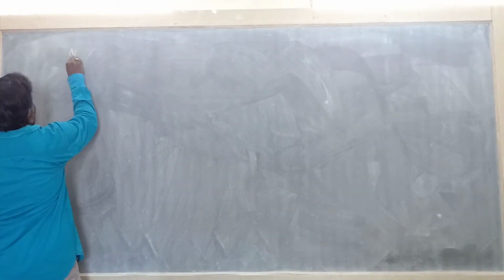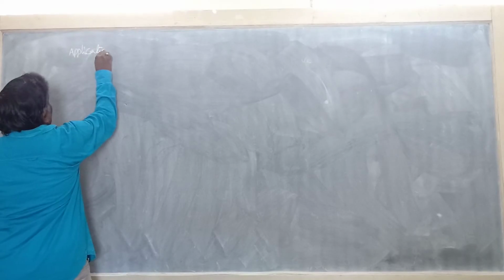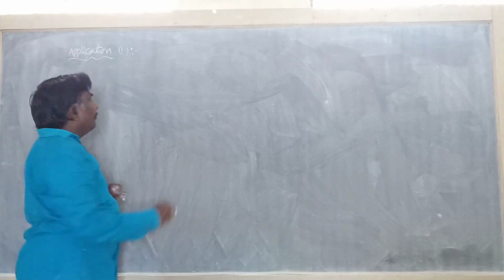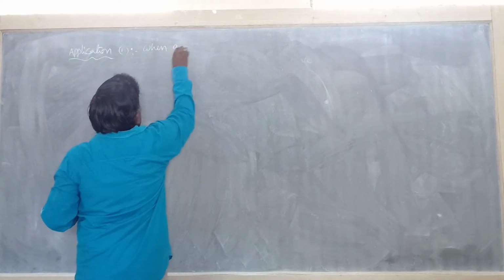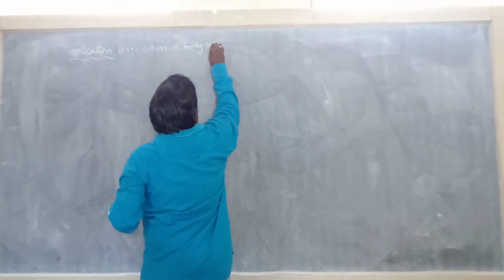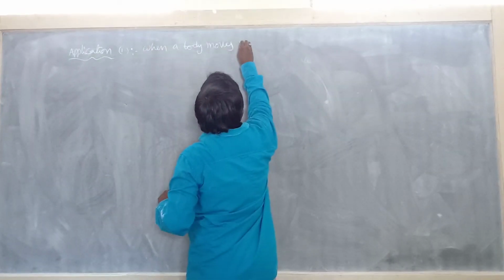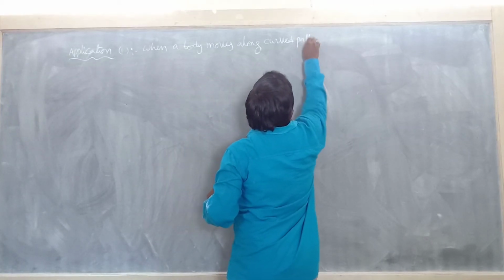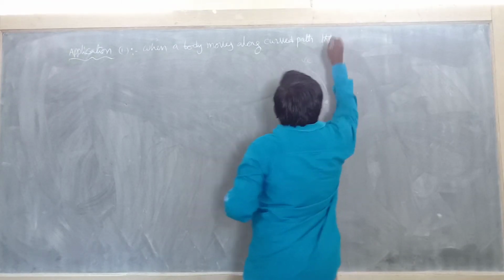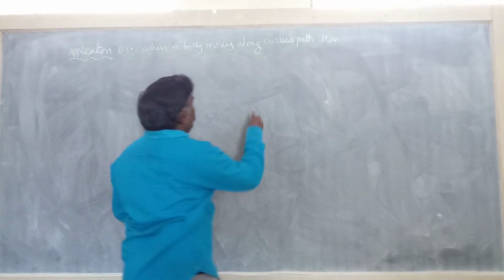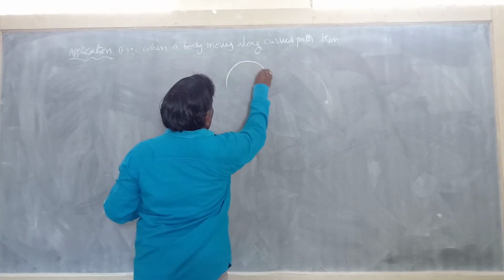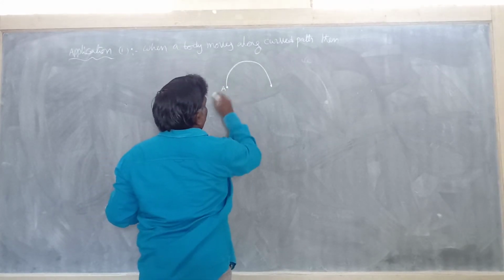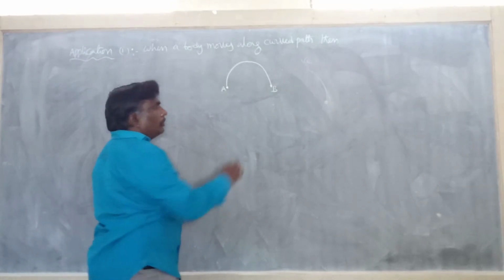Application 1: when a body moves along a curved path, this is the initial position or initial point, and this is the final position or final point.